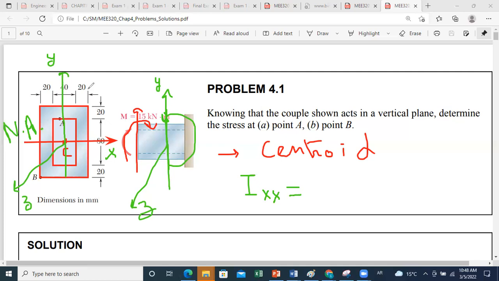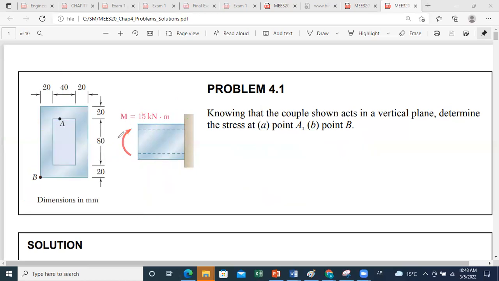Since we have two rectangles, one full rectangle and a hole, we'll decompose the surface into two parts. The big rectangle, we'll call it rectangle 1. So in green, it's surface 1. And the small rectangle is surface 2.